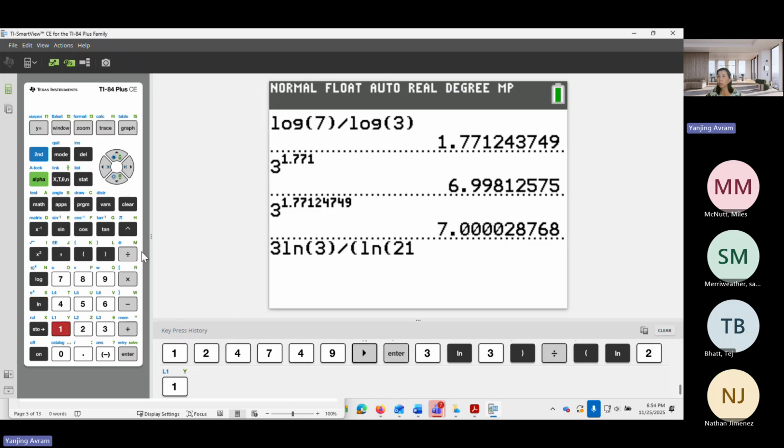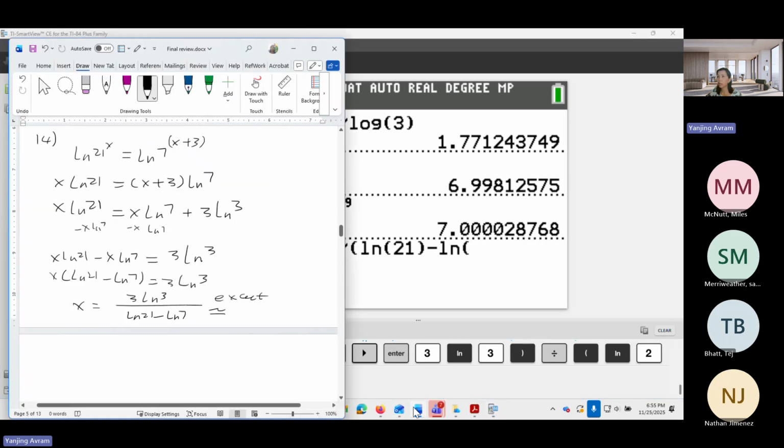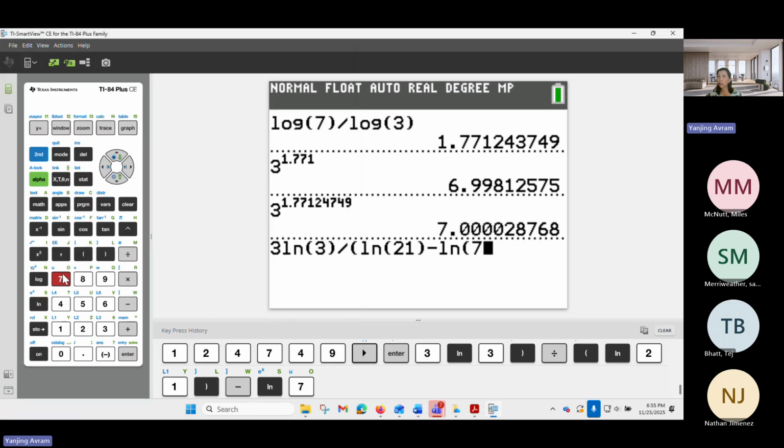This one adds a parenthesis, so I have to close them. Minus ln of, I think it's ln of 7, right? Yeah, ln of 7. All right, so the tricky part is adding a parenthesis here. Make sure you close all of them.